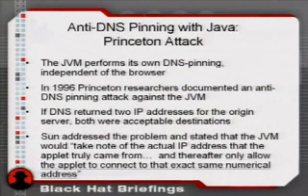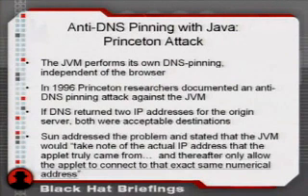As I mentioned before, the first anti-DNS pinning attack was documented in '96 by Princeton researchers against the JVM. What they noticed was that if the DNS server responded with 2 IP addresses for the origin name, Java would consider either of those IP addresses to be an acceptable destination for untrusted applets to create socket connections to.